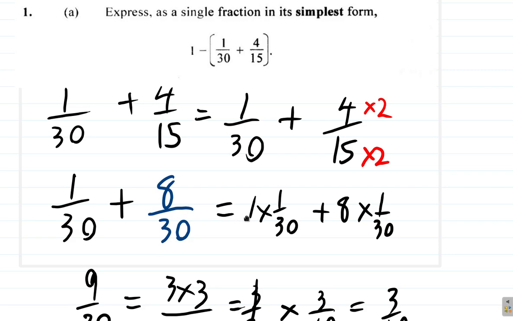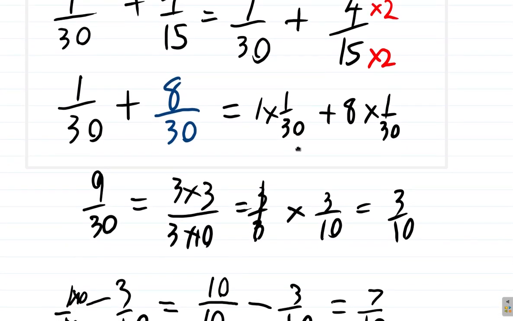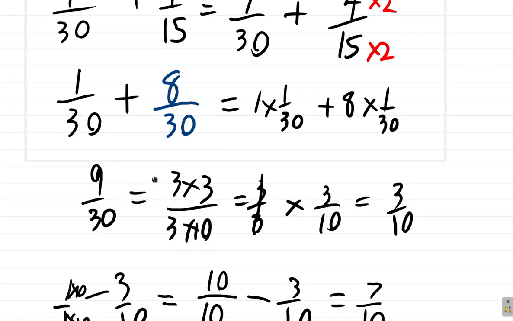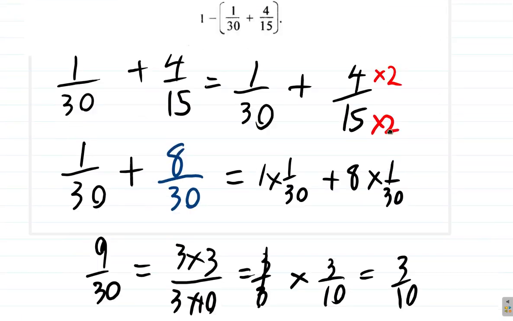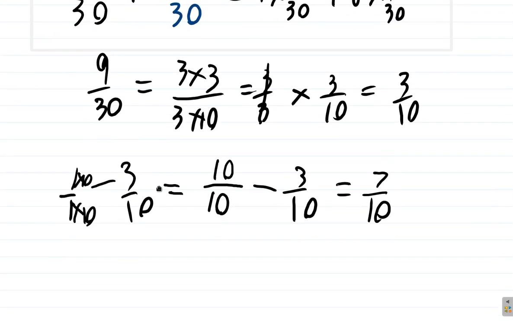So 8 and 1 is 9. So it's 9/30. You can just say 3 into 9, 3, 3 into 30, 10. So it's 3/10. So you have 1 minus 3/10, which is the same as 10/10 minus 3/10. So in that case, you have 10/10 minus 3/10, which amounts to 7/10.